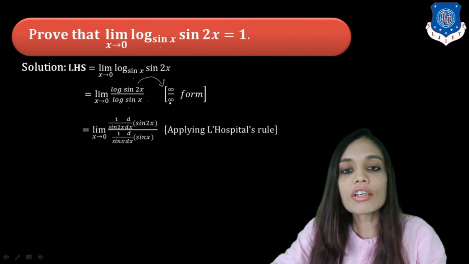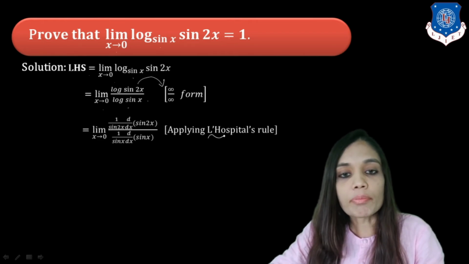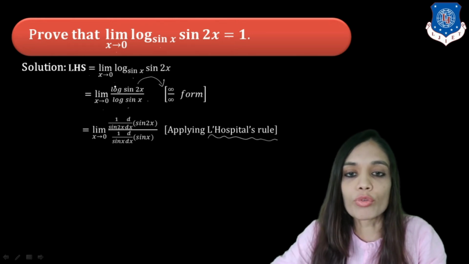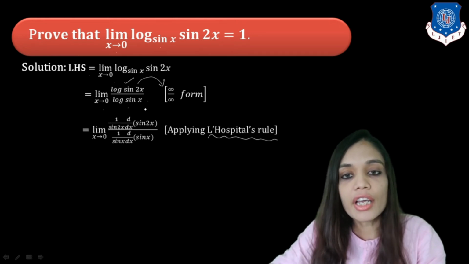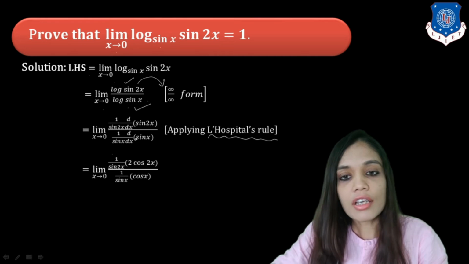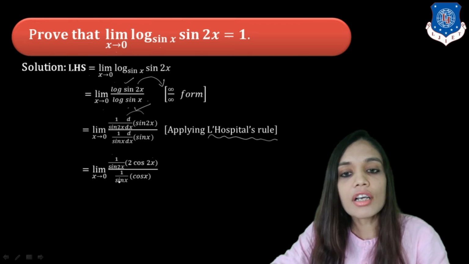So again which rule we will apply? L'Hopital's rule. So on applying it, we will simplify it by doing the derivative of numerator and denominator separately. So the derivative will be 1 upon sine 2x into derivative of sine 2x, which will be 2 cos 2x. Similarly apply the rule in the denominator.